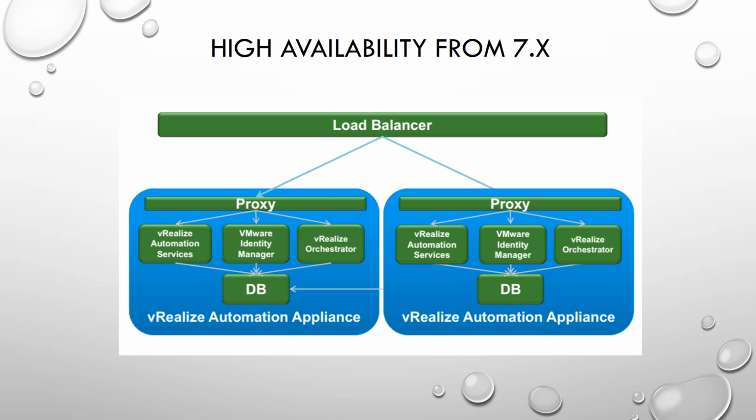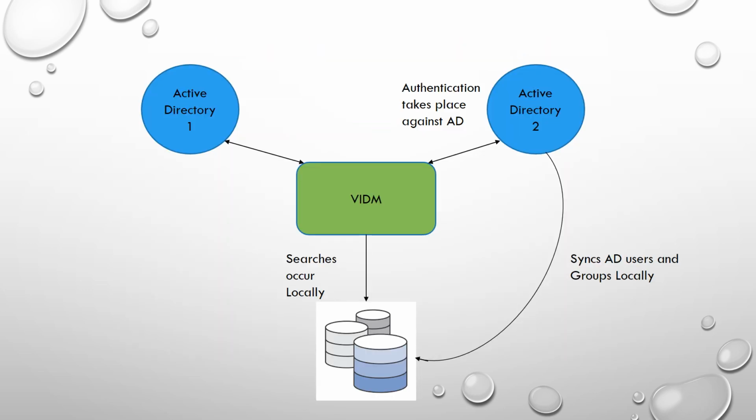Now that we are all caught up and have already revised what we already know, let us dig a bit deeper and try to understand what other improvements and features are provided by VIDM component. The VMware Identity Manager is much more stable than the previous SSO appliance and also provides support for multi-tenancy.